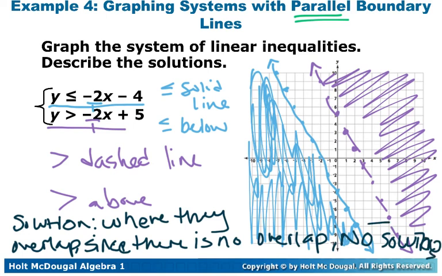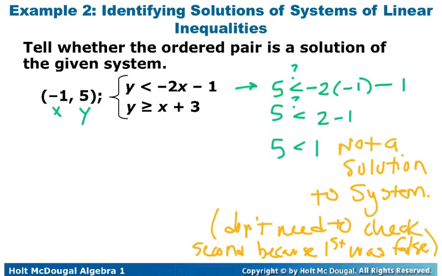Very interesting idea there. So again, some of them were above this line, others were below this line, and so they didn't actually ever meet, and so there's no solutions. And so that can happen when you have parallel lines. So those are kind of the special systems.